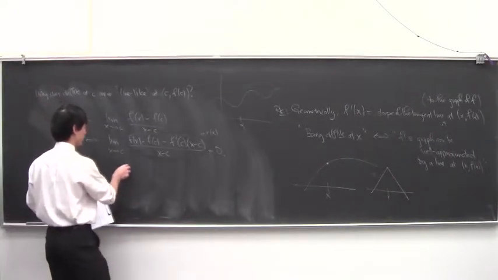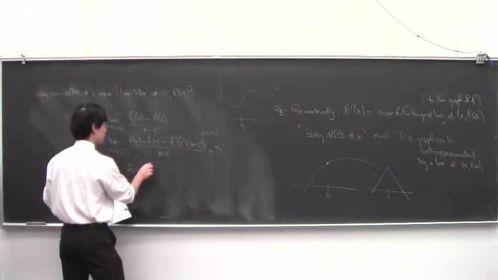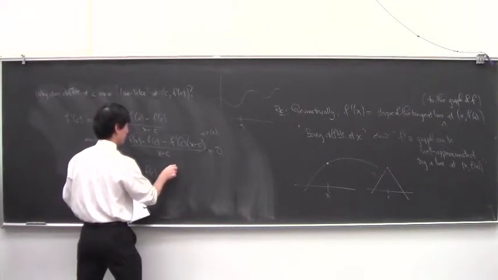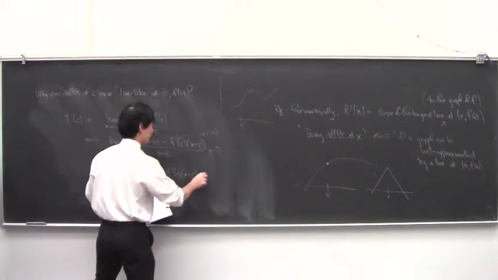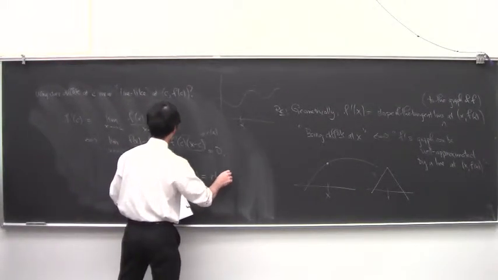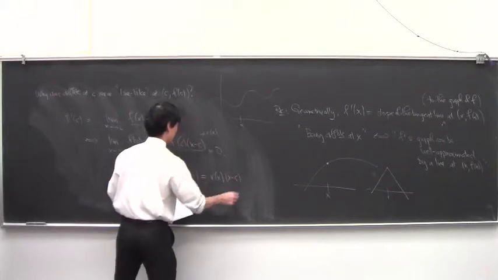So f of x minus f of c minus f prime c times x minus c is r of x times x minus c.